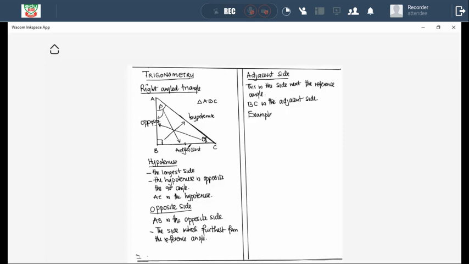Example 1. Given the triangle PQR. Right. We've got a triangle PQR below. There you go. I've got my triangle.